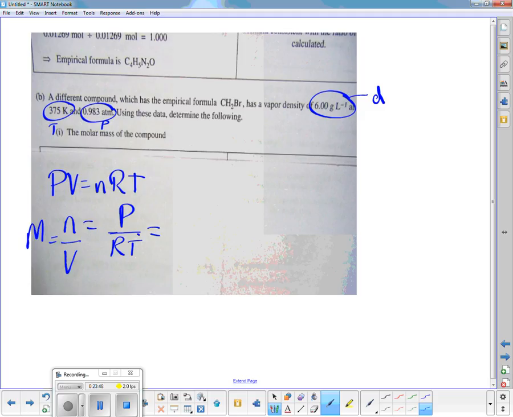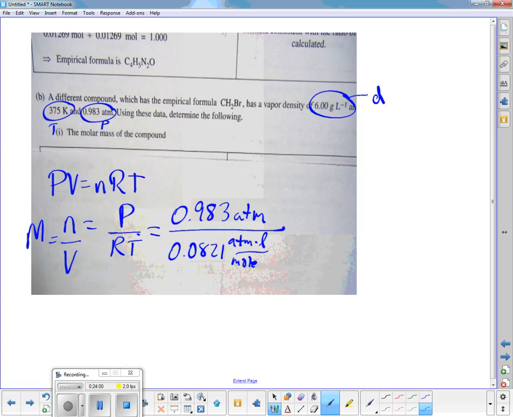Okay, so we have pressure, 0.983 atmospheres divided by R, 0.0821 atmospheres times liters divided by mole times Kelvin, times temperature, 375 K. K goes out, atmospheres go out. We've got 1 over liter per mole, which will end up being moles per liter.